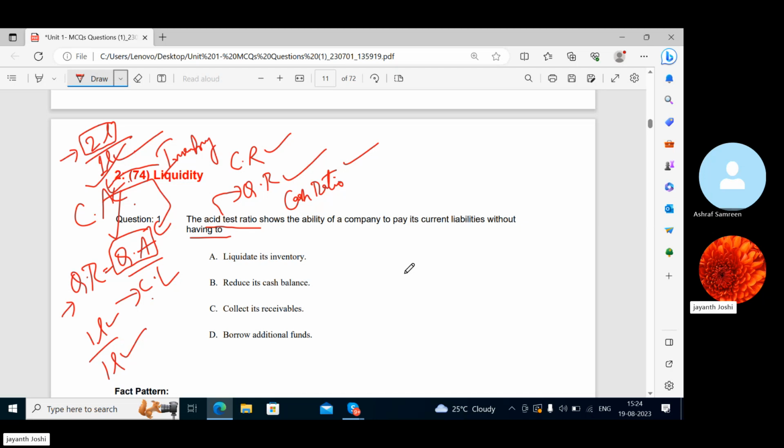No. Coming to that, the acid test ratio or quick ratio shows the ability of a company to pay its current liabilities without having to liquidate its inventory. Why? Because inventory is not a part of quick assets calculation, right?